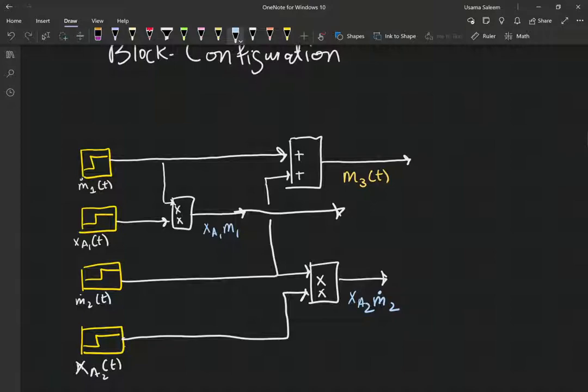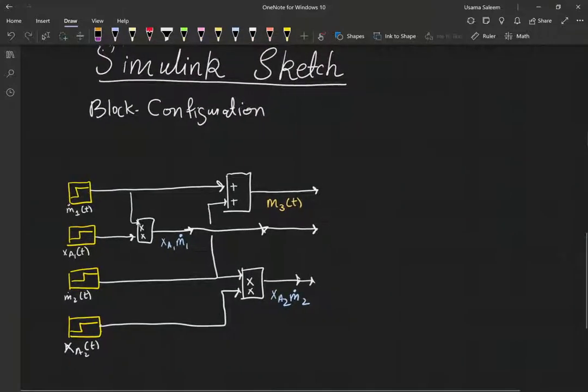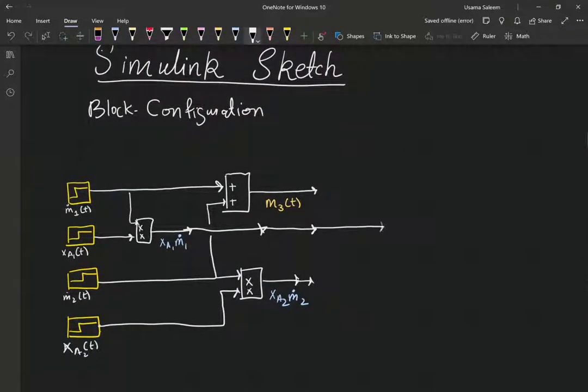My bad, XA2 and M dot 2. And now both of these are inputs, so both of these go through an addition operation. Actually, let's extend that.